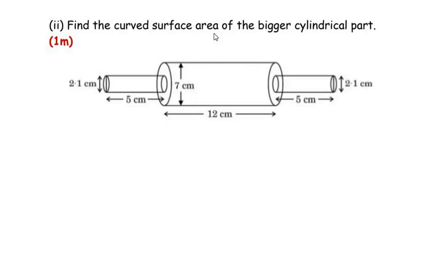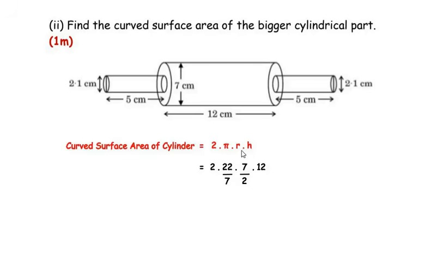Find the curved surface area of the bigger cylindrical part. So we have the formula for curved surface area of a cylinder as 2 pi r h, where r is the radius of the larger cylinder and h is the height or the length of the larger cylinder. So here again we are going to substitute the values of pi, r and h. So we have 2 times pi is 22 over 7 and radius is half of the diameter of the larger cylinder, that is 7 over 2.